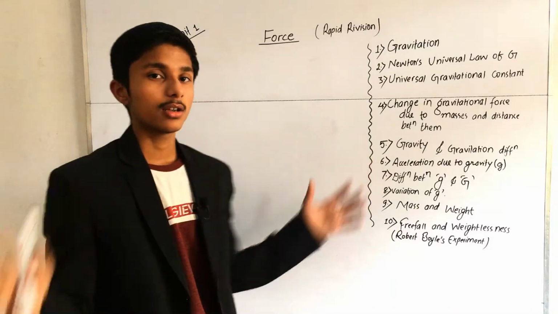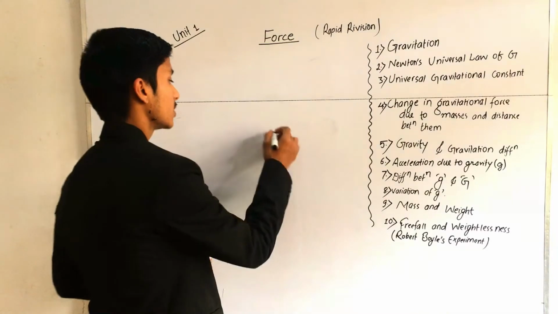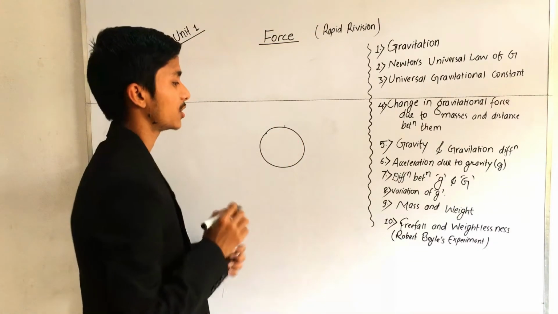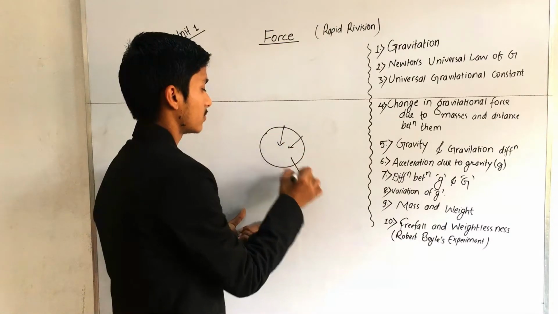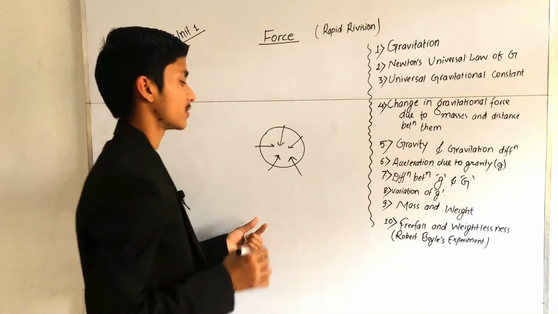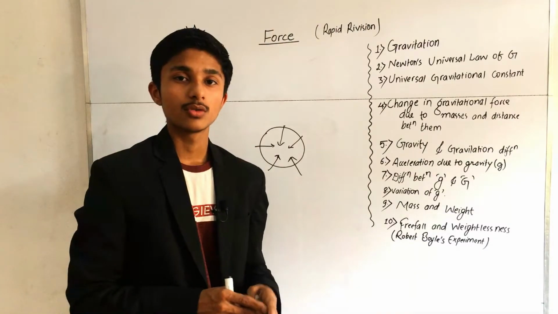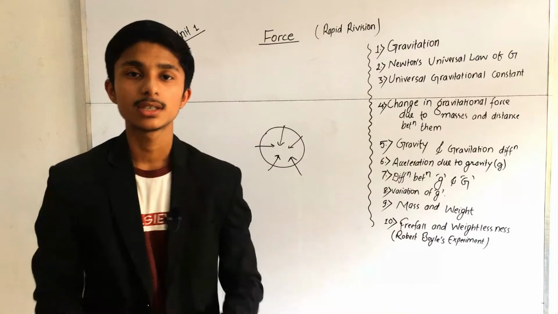This is Earth, suppose, and when bodies are kept here, it attracts them always towards the center. So we can say this is the force with which heavenly bodies attract any other bodies towards their center.